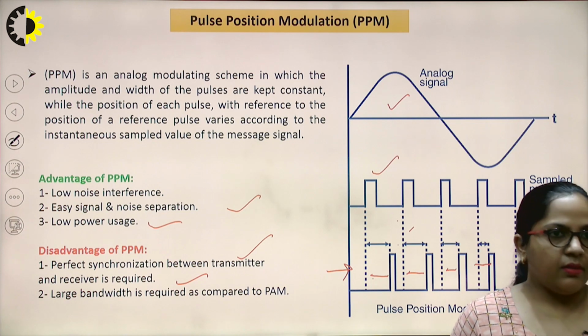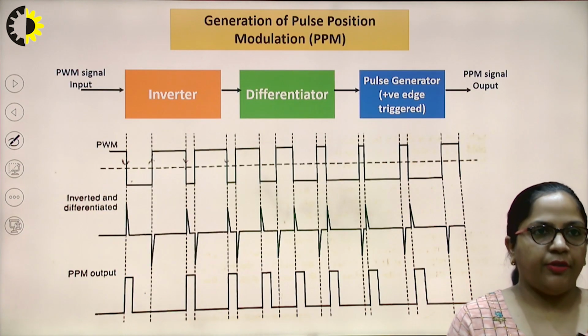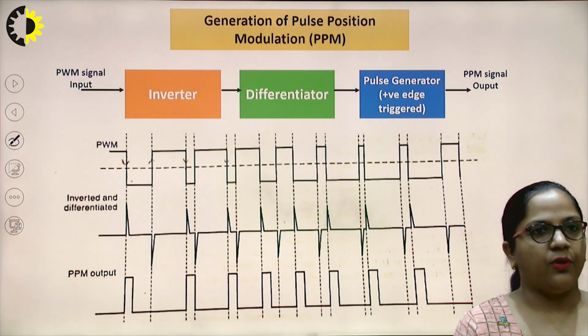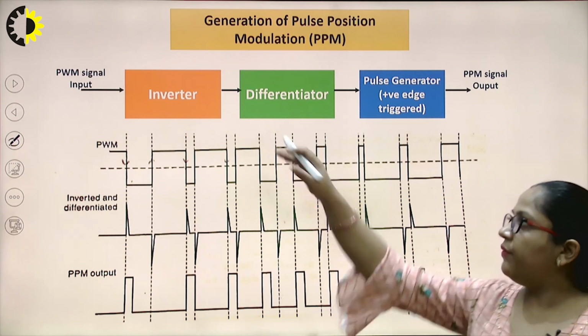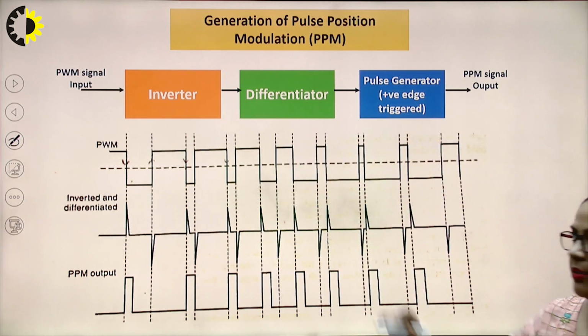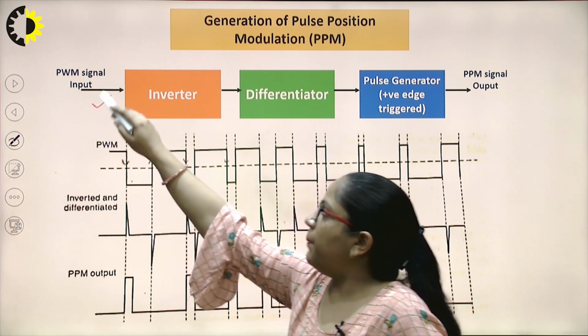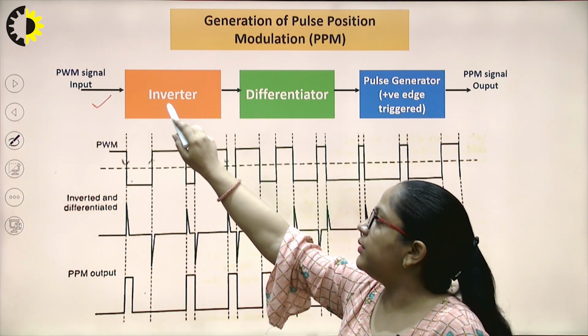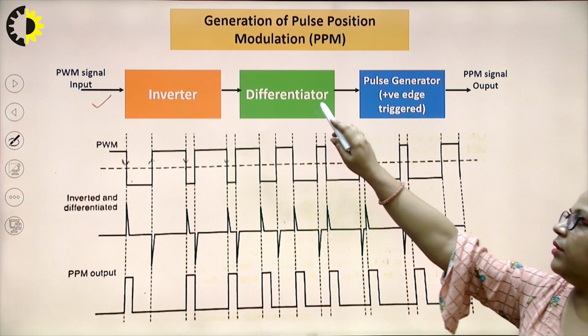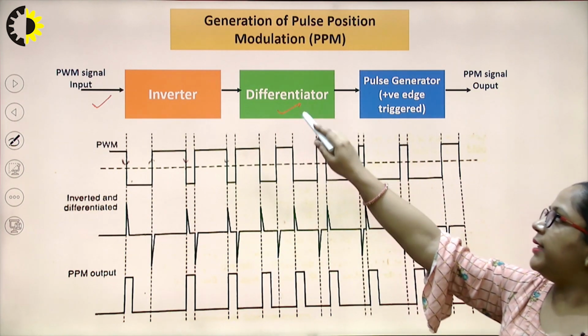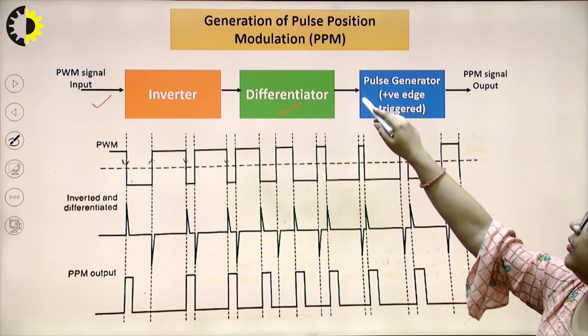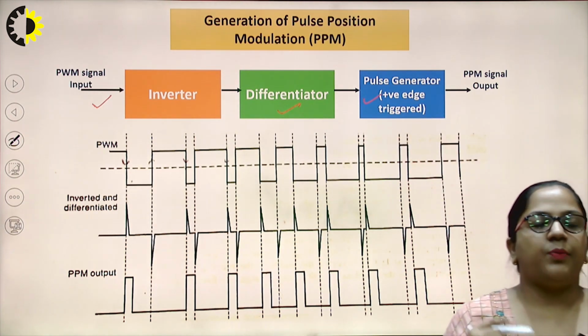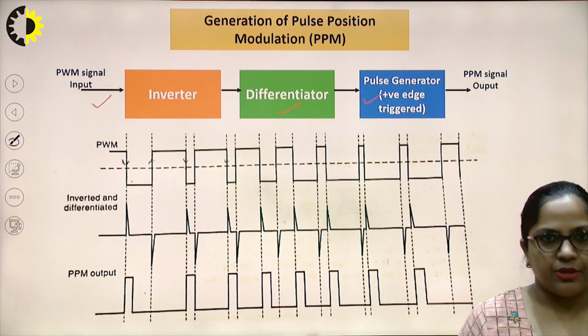Now let us understand how we can generate a PPM signal with the help of a PWM signal. Here we have the block diagram arrangement. At first we will apply a PWM signal to an inverter, then the output of the inverter will go to a differentiator, then the output of the differentiator will go to a pulse generator, that is a positive edge triggered pulse generator.